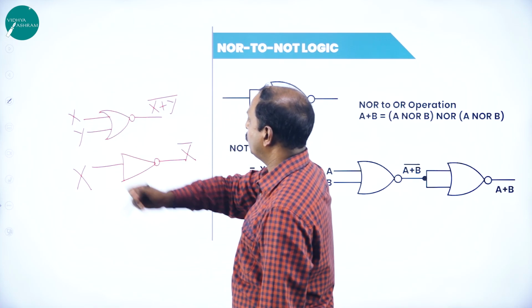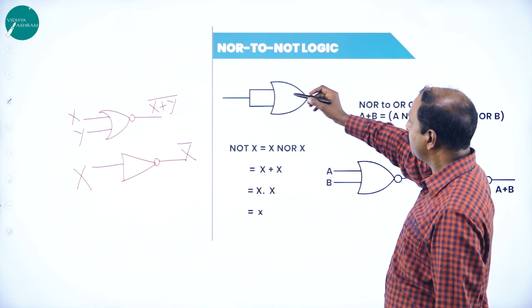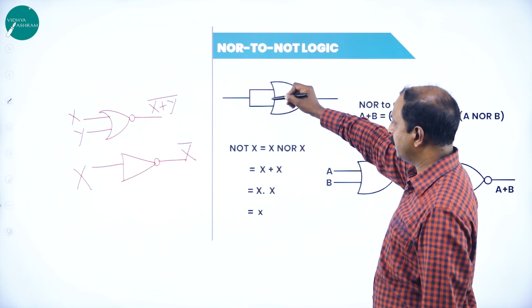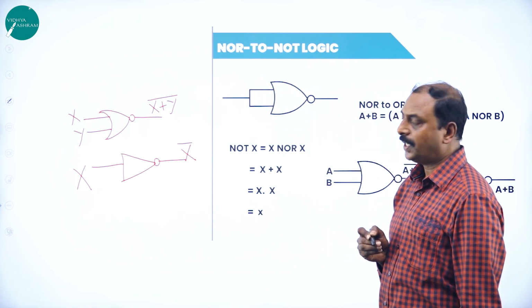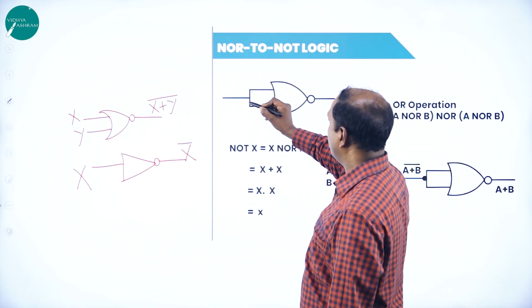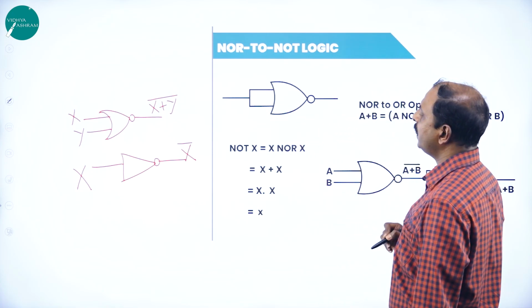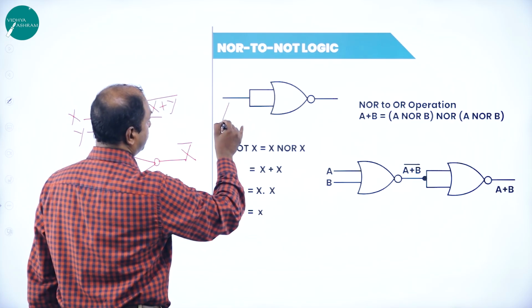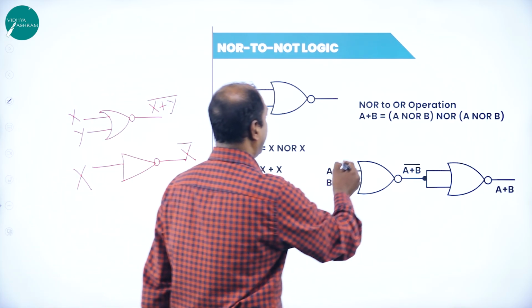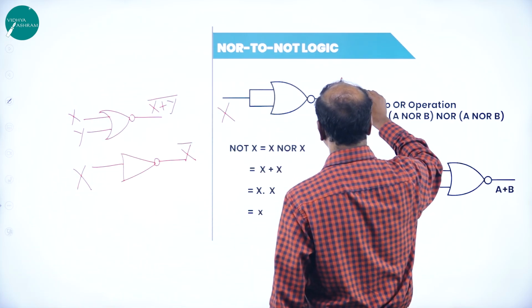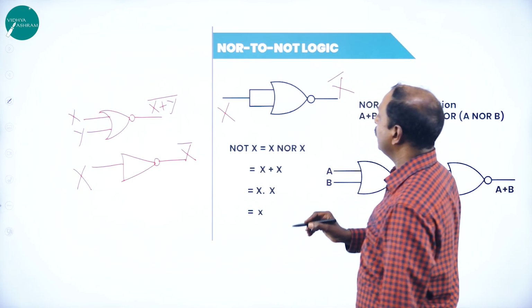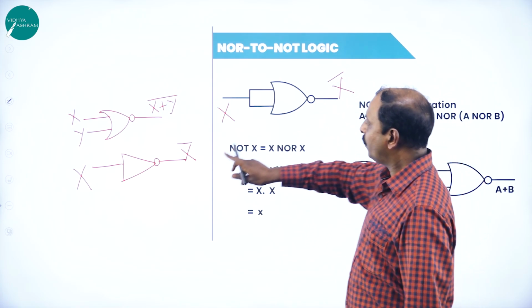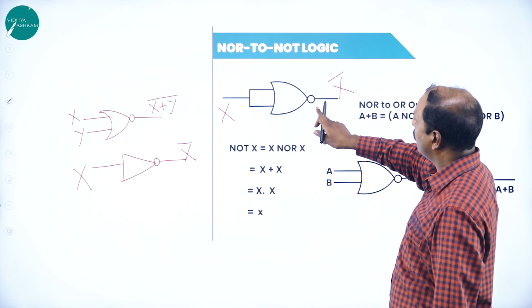So how do we make it one input? We are going to short these two input signals and make it one input here. So it is one input and here is one output. For example, this is input X and the output would be X naught. So X naught will be the output of the NOT gate, but this is a NOR gate.